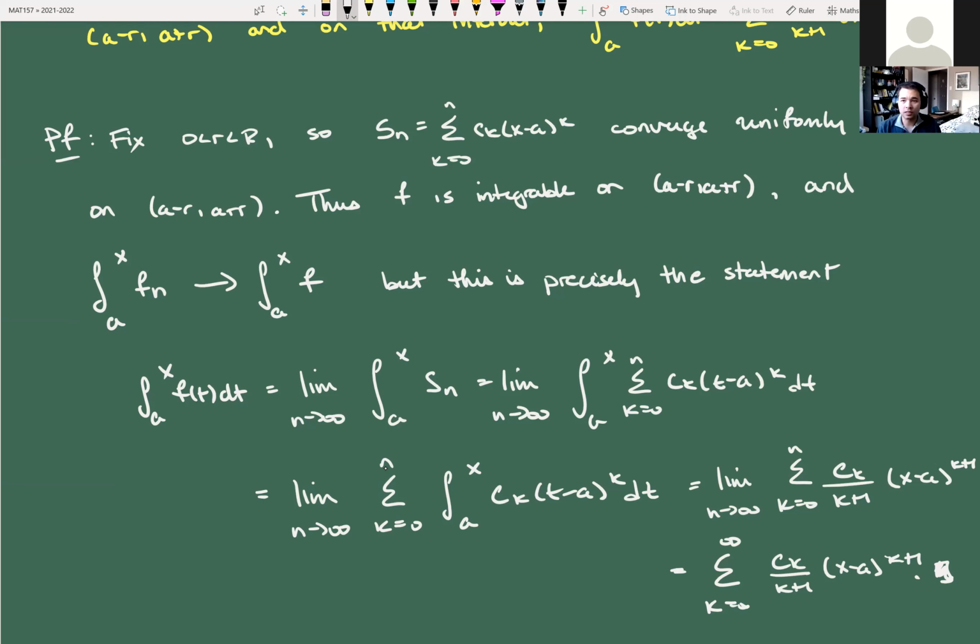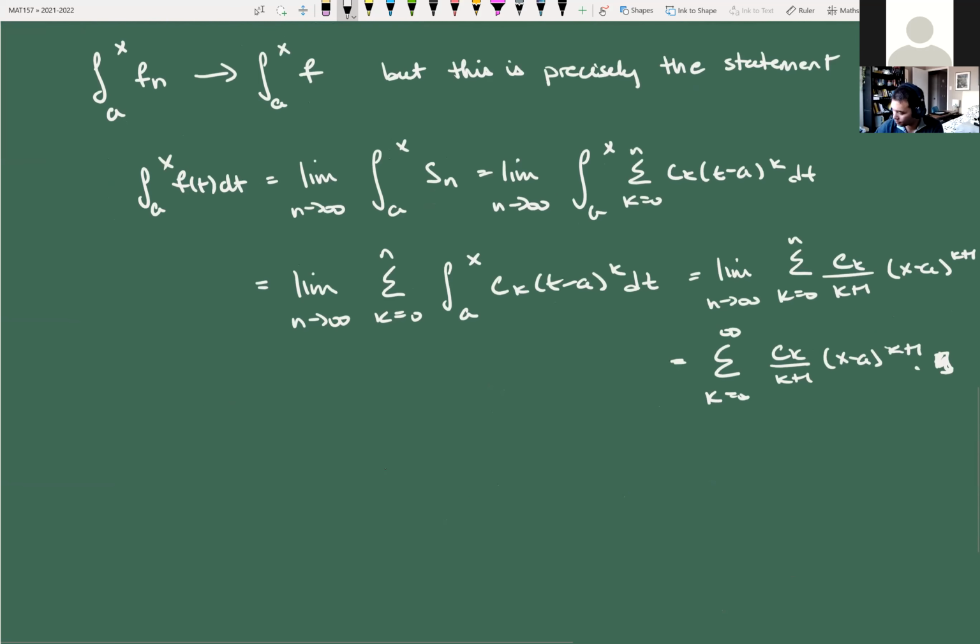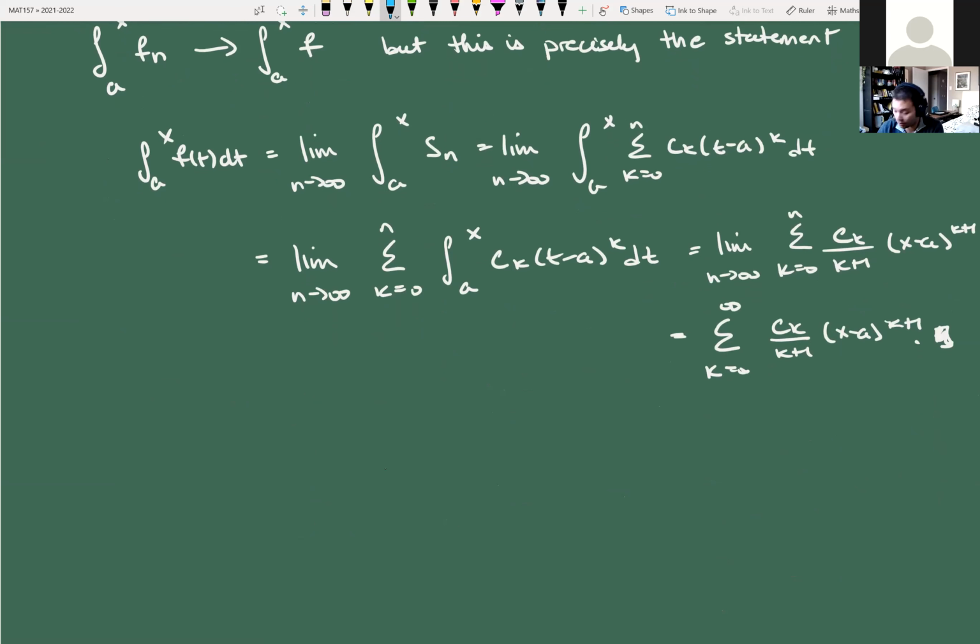So just as a very quick example, you can already do some surprising things with this. We could say, find a power series representation for, I don't know, what do we want?